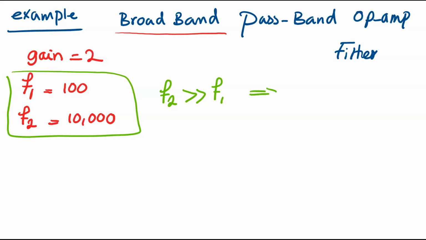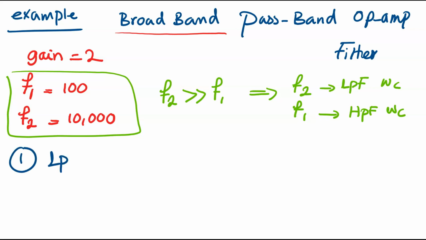That's why I can say that f2 is equal to the low pass filter cutoff frequency, and f1 should be equal to the high pass filter cutoff frequency. Now, let's follow the steps. The first step is focusing on the low pass filter.